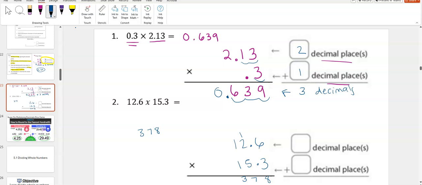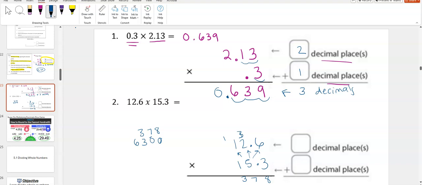Sorry. I'm going to put in my place holding 0, and I'm now going to do 5 times 6, which is 30. 5 times 2, which is 10 plus 3, which is 13. And 5 times 1, which is 5 plus 1 is 6.